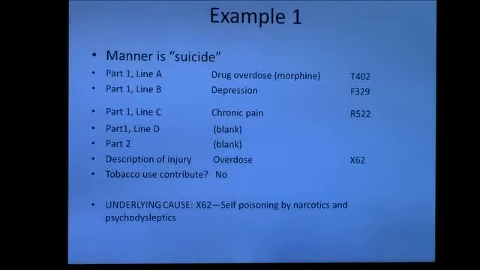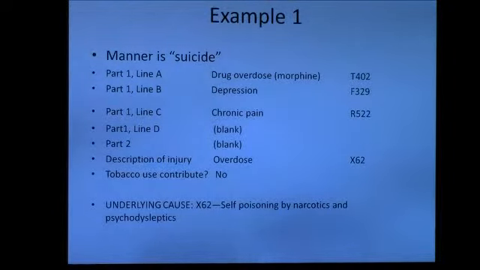The first one, the manner is determined to be suicide. On the first line of part 1, we have drug overdose, morphine. On the second line, depression. The third line, chronic pain, and there's nothing on the fourth line or in part 2. It's an overdose in the description of injury. So you read that as drug overdose or morphine overdose due to depression, which is due to chronic pain.